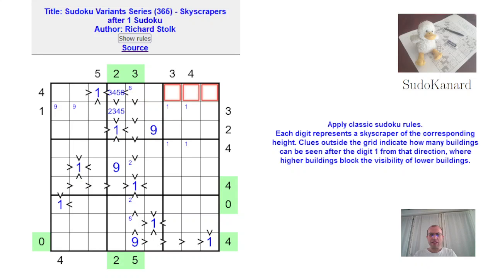By the way, there's a 9 somewhere up there, not sure where. So this 5 is also interesting because we see that 9 must be far away from the 1. We must see at least 5 buildings, but 9 can't be here because of those inequality signs.